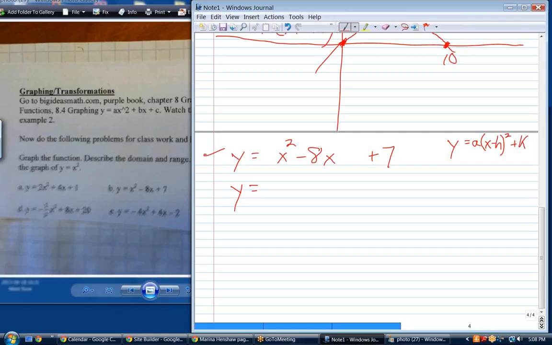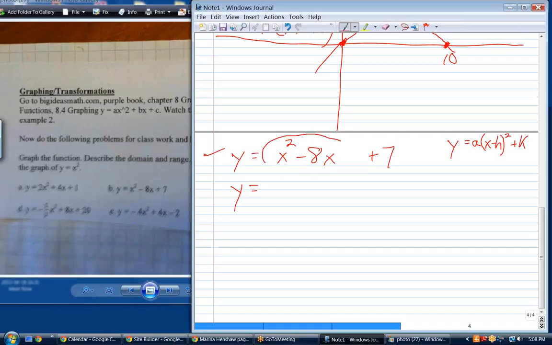Marina? Yeah? What's my first step? Finding the vertex? No, we're going to complete the square because we want to get it into this thing here. So let's complete the square.